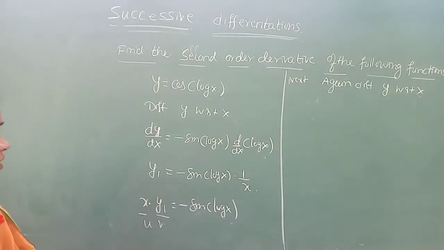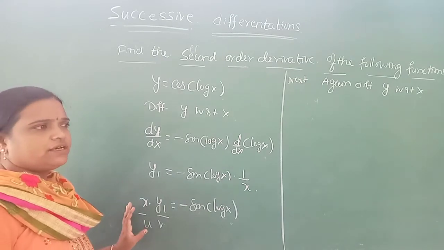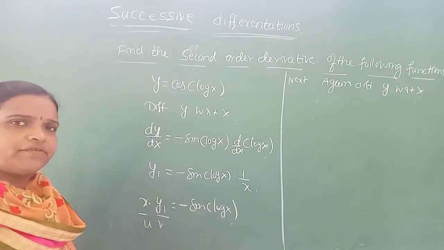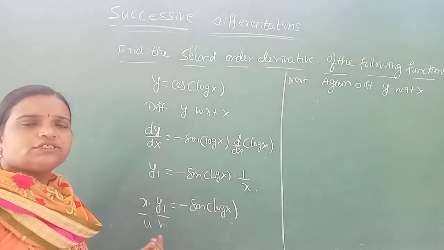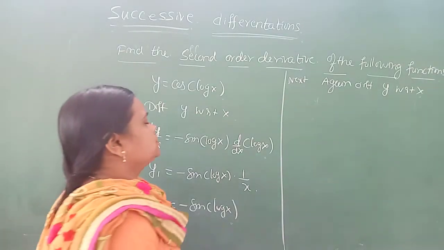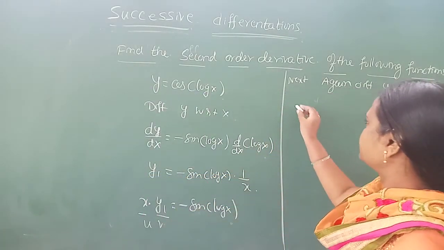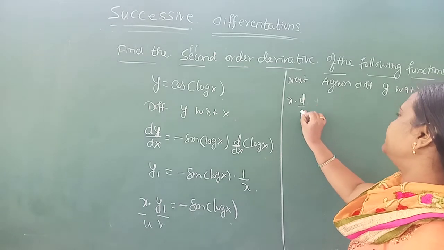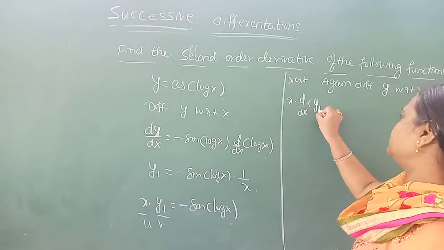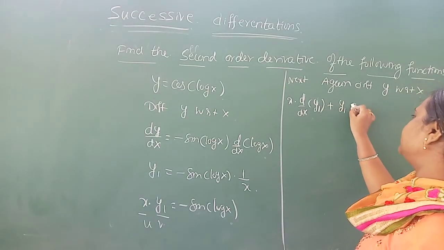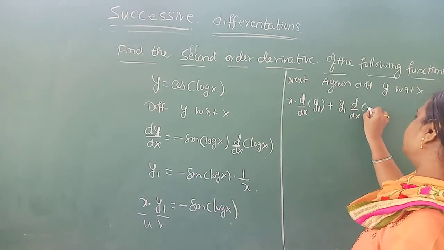And we know that for a product of two functions, one function we write as it is and differentiate the second function, and the second function as it is and differentiate the first function. Therefore, we can write x into d by dx of y1 plus y1 as it is, d by dx of x.